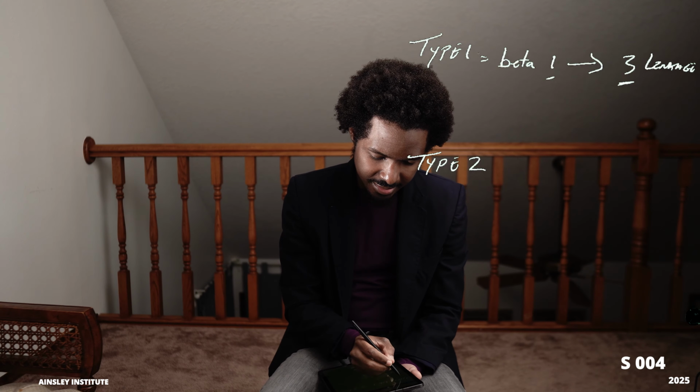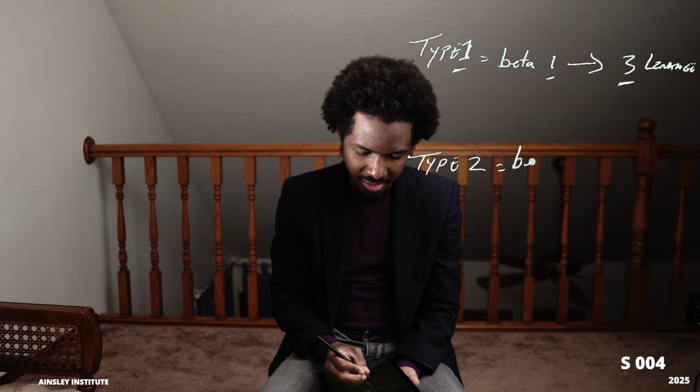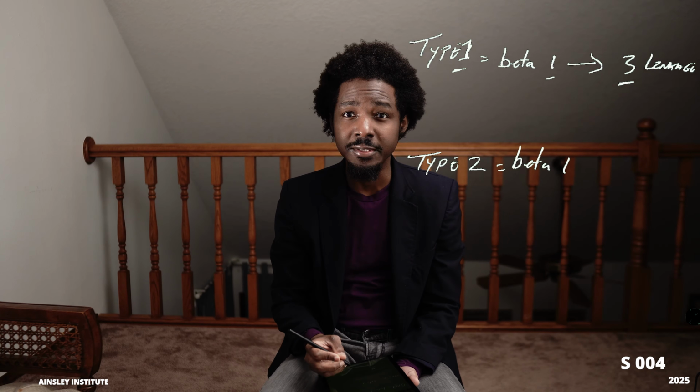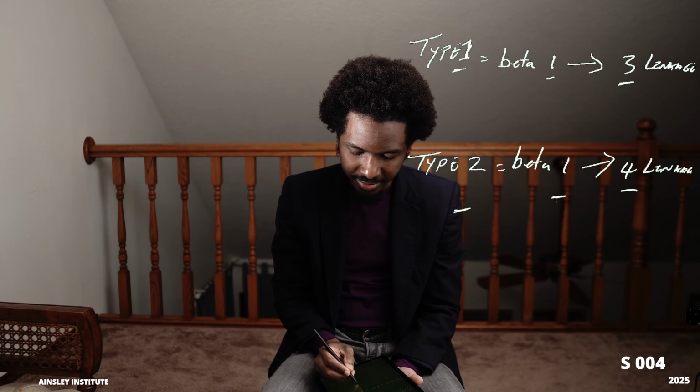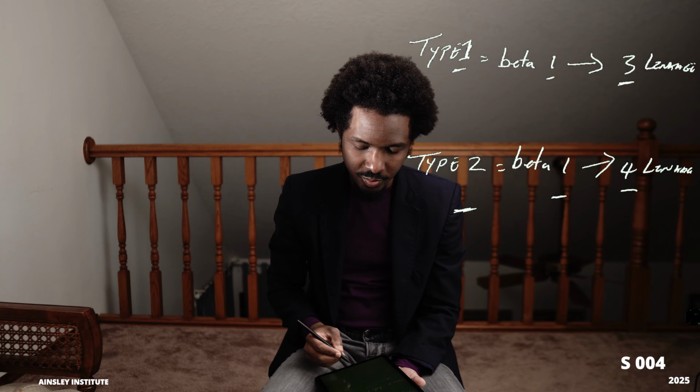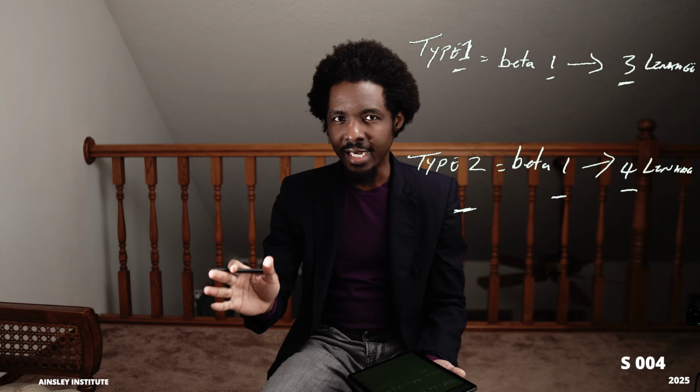So 3, beta 1, and type 1. So for type 2, as we discussed before, we have beta 1, same beta 1, but this has 4 linkages. So I want you to observe, 1 and 2. All right. So this is basically type 1 and type 2.